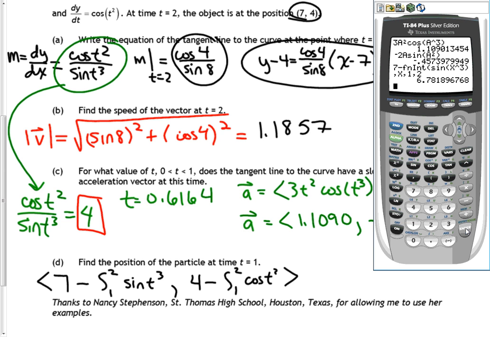I'm going to do the same thing to find my y. So that's 4 minus the definite integral of cosine of x squared with respect to x from 1 to 2. And that gives me 4.4430.